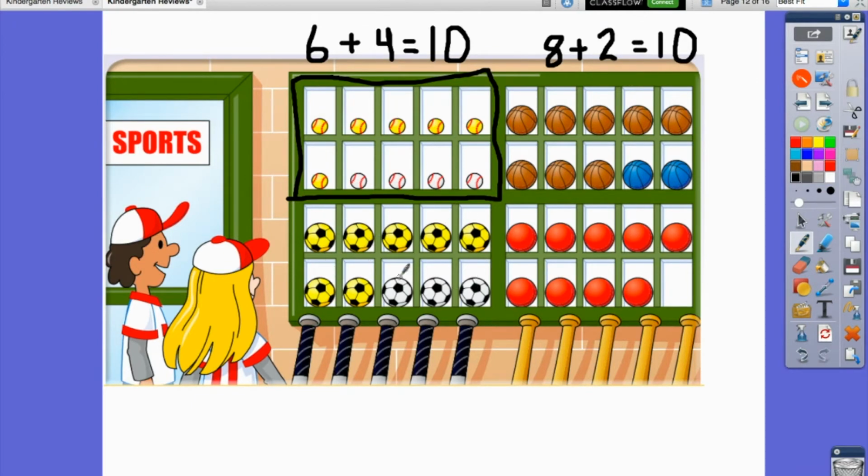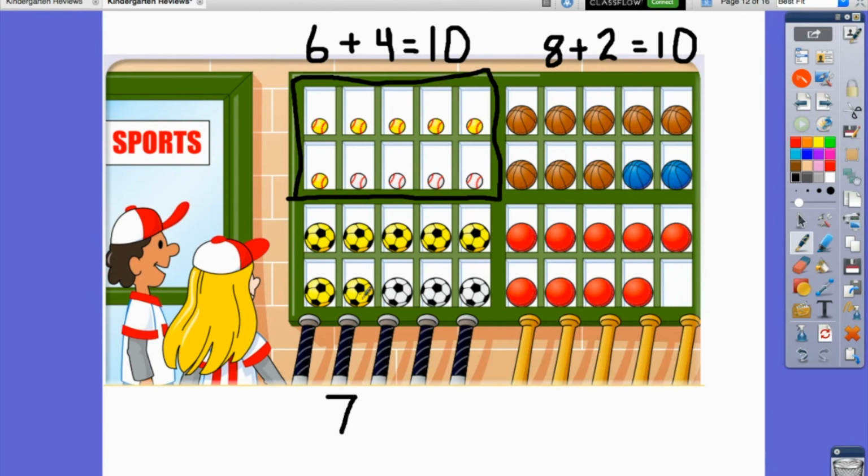Let's look at these soccer balls. How many yellow soccer balls do you see? I want you to go ahead and count those yellow soccer balls for me. Do that in your head quietly. All right, how many yellow soccer balls are there? There are 7. 1, 2, 3, 4, 5, 6, 7. 7 yellow soccer balls.